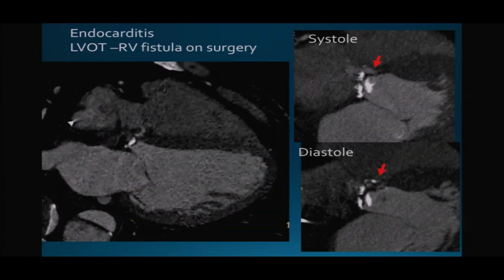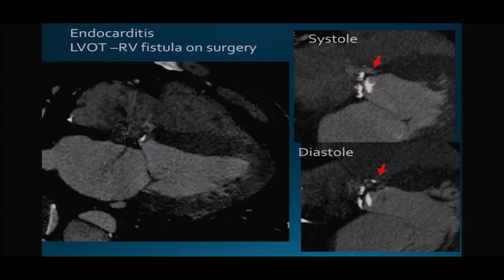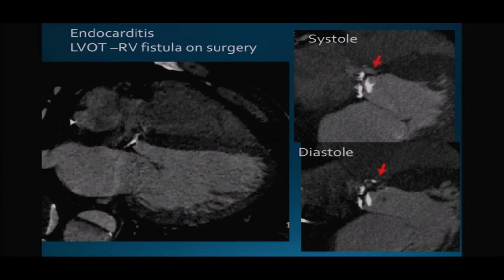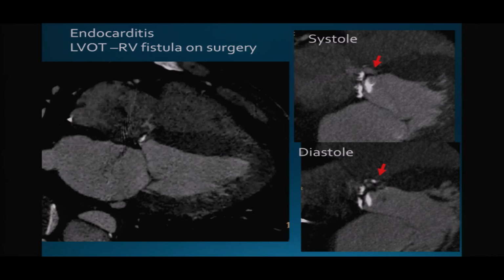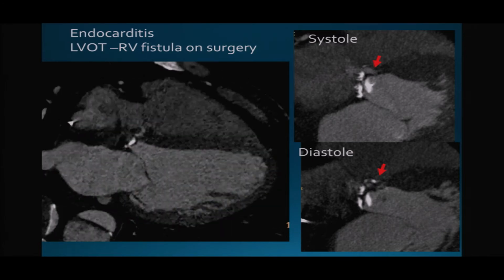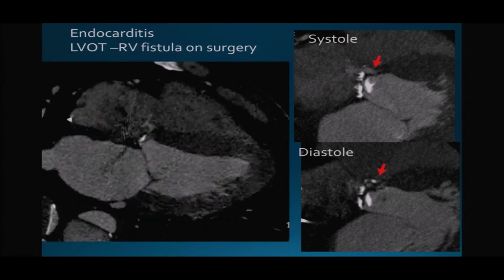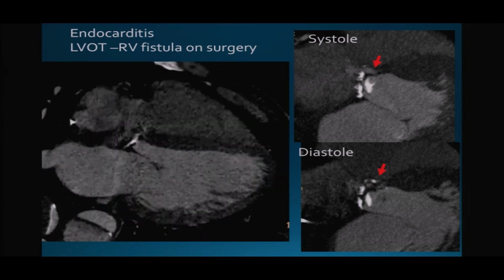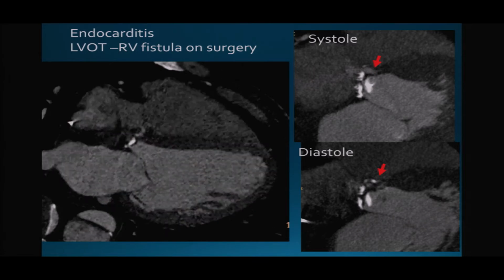What's interesting is, in addition to revealing the location and the mass size, in this case, I don't know if you could appreciate, in CT you can see a little extravasation of contrast during systole, a very small puff from the LVOT to the RV fistula. As you can see there in the arrow during systole, you can see a little bit of contrast, and diastole does not. And this was also confirmed on the surgery.